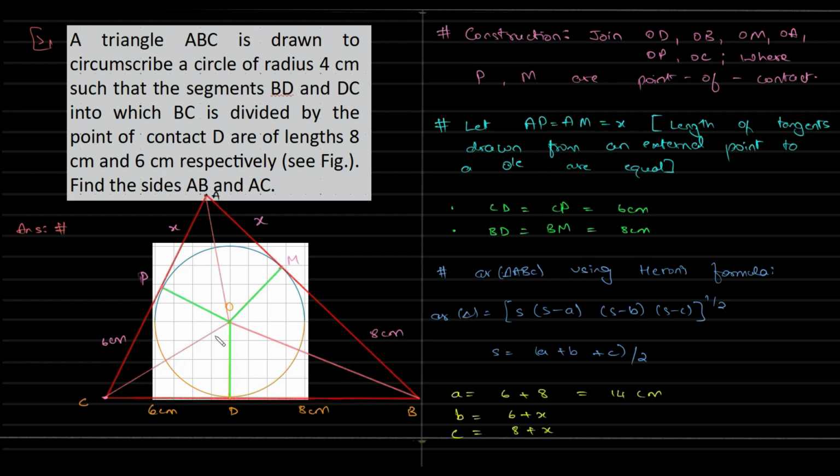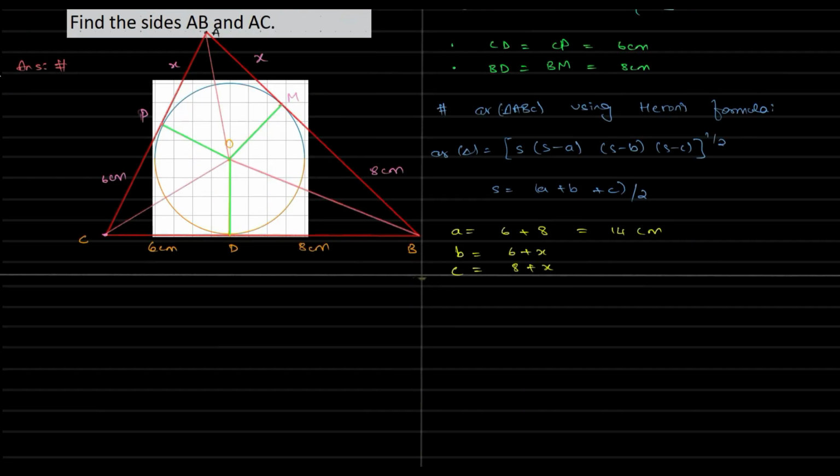Now, it doesn't matter what you take a, b, c as. Therefore, s will be equal to 14 plus 6 plus x plus 8 plus x, the entire thing divided by 2. So this is equal to 14 plus x, right?